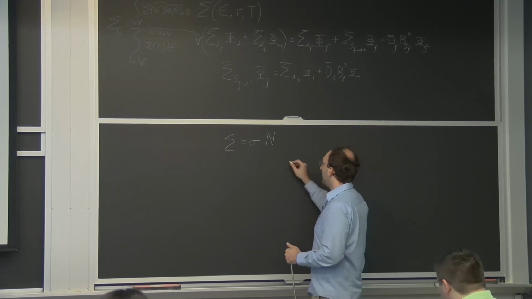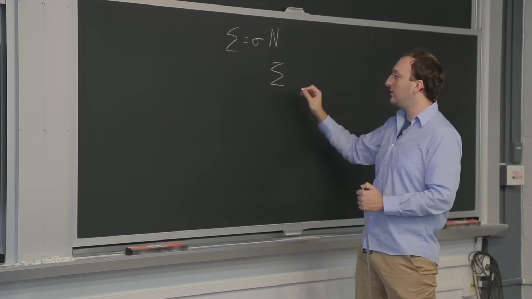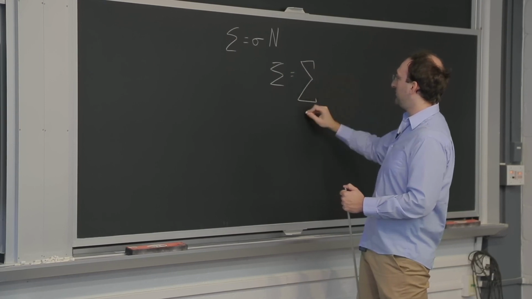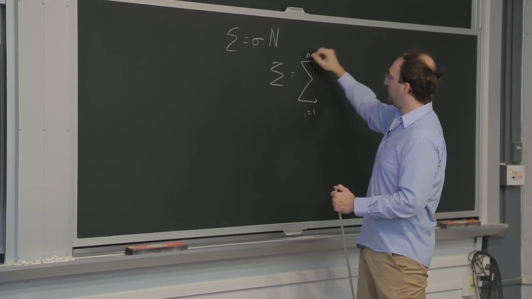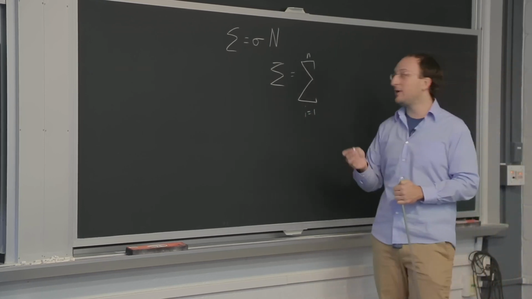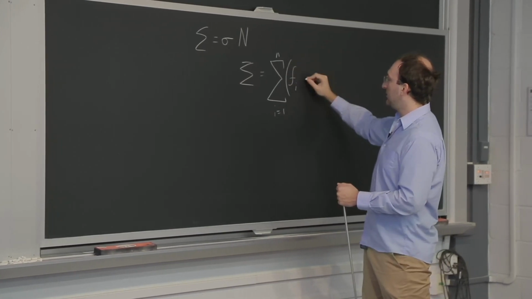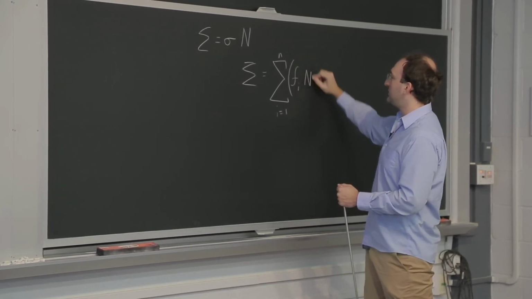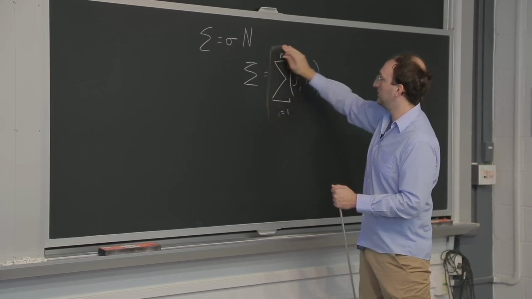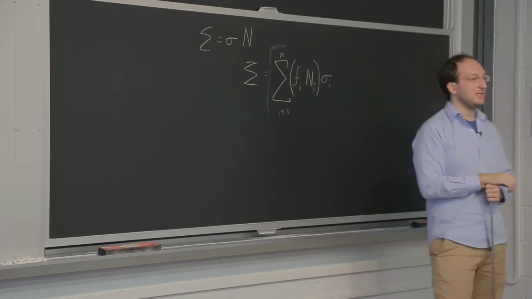If you have a mix of isotopes, then your total averaged cross-section for all different types of atoms is going to be a sum over all your possible isotopes of the atom fraction of that isotope times the number density of that isotope times the microscopic cross-section of that reaction for that isotope.